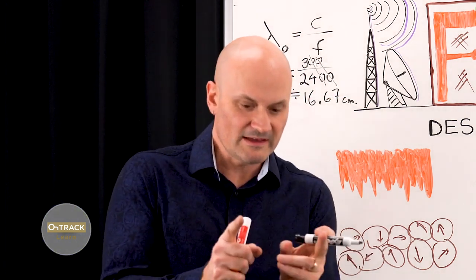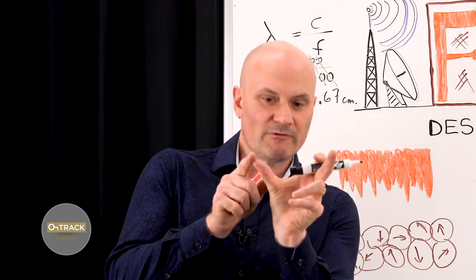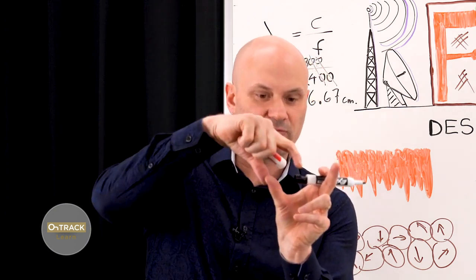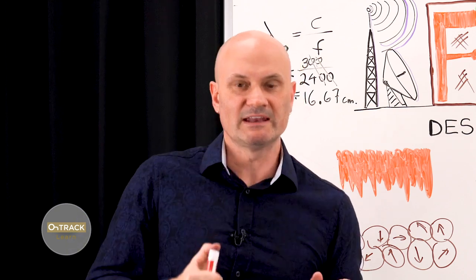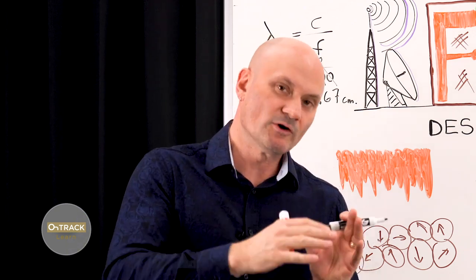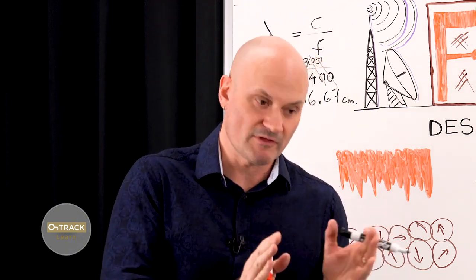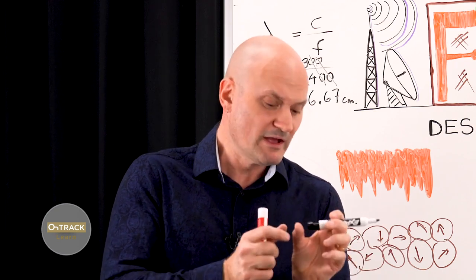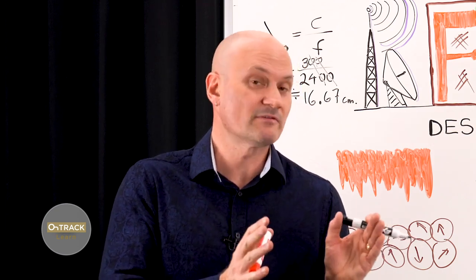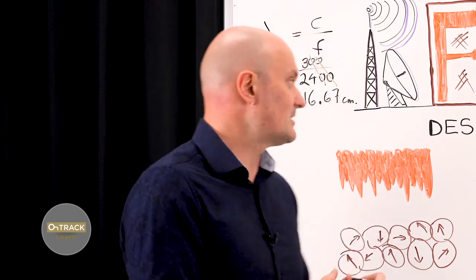So this is one full wave, and half wave and a quarter wave. And in future episodes, we're going to talk a lot more about the significance of those multiples, because multiples of a quarter wavelength are very important in PCB design.